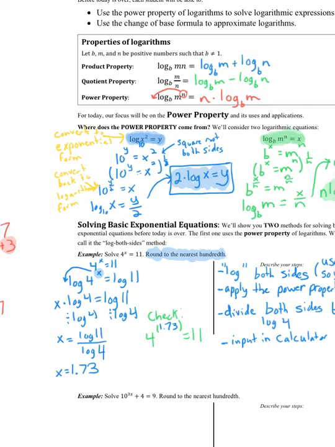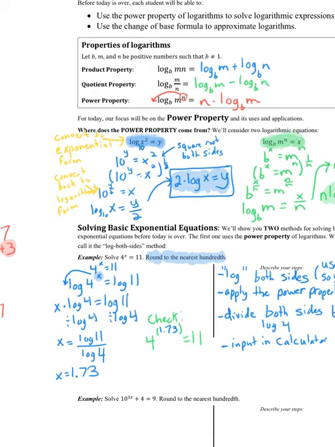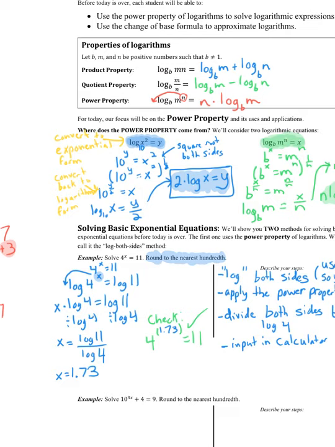And if you use the exact number that you got from your previous part, which was like I said, going to be 1.72 and probably like 12 numbers past it, if you put 4 to that power, you're going to get 11 equals 11. If I put 4 to the 1.73 power, because I rounded up a little bit, I'm probably going to get like 11.041 equals 11, which just means, yeah, I did it right. It's just the number's slightly off because I rounded.